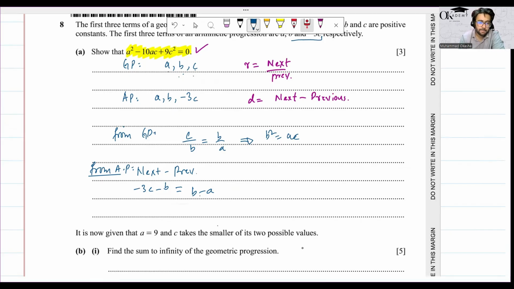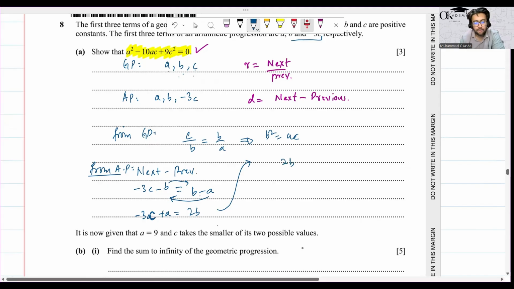If I were to rearrange this, b comes over to this side, a comes over to this side, and I will have negative 3c plus a equals 2b, right? Which will be 2b equals a minus 3c.